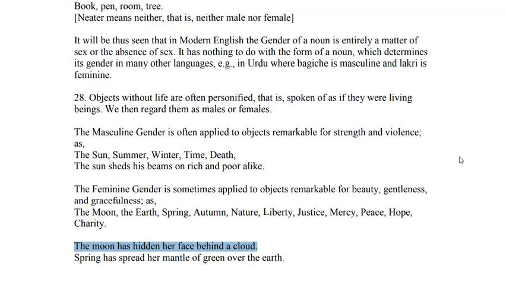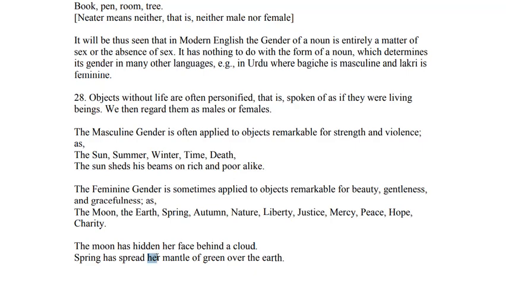It's a noun of neuter gender, but since moon is known for its beauty and its gentleness, therefore the speaker has used the pronoun her, and he has spoken of the moon as if he is speaking of a female animal. Similarly, spring has spread her mantle of green over the earth. Spring is known for its beauty and gentleness and gracefulness. So, in this statement, spring is being spoken of as if spring is a female. Look at the pronoun her.